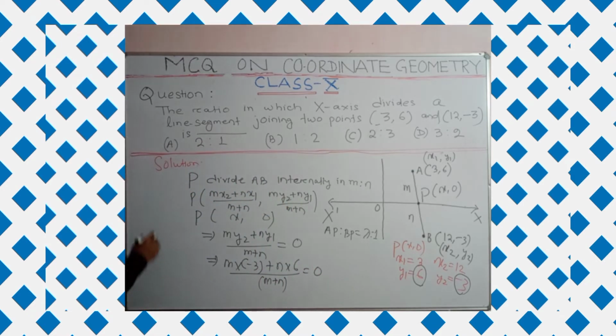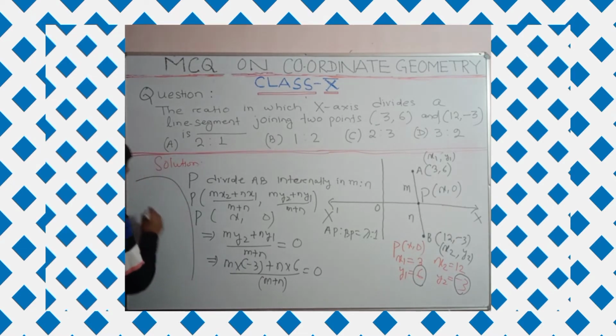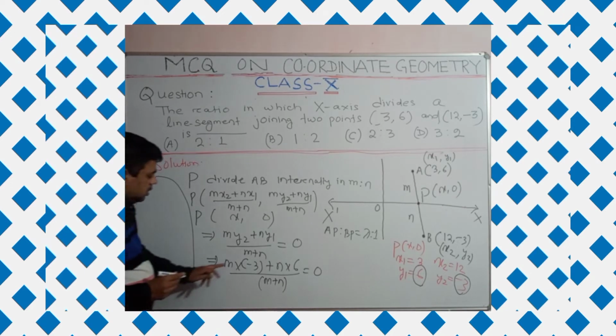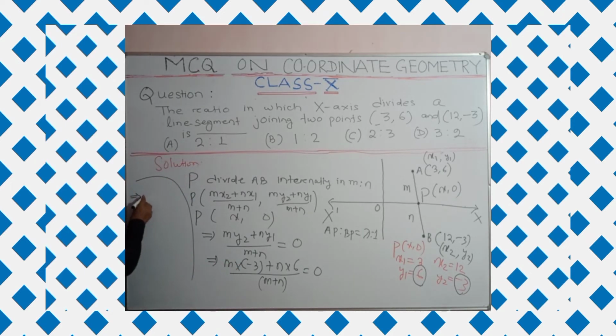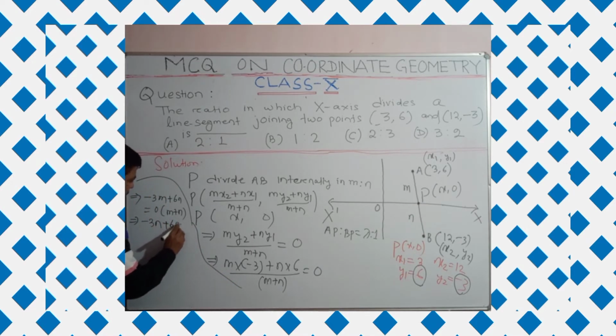Understand? Okay, so we will simplify this one. You see, m into minus 3 is equal to minus 3m. n into 6 is 6n, equal to 0 times m plus n, which is 0.